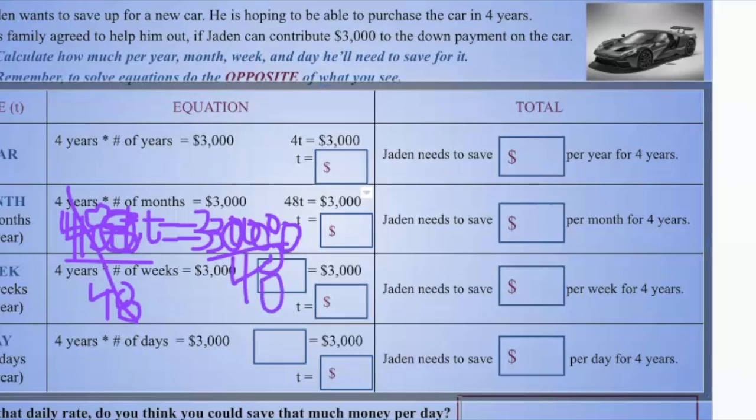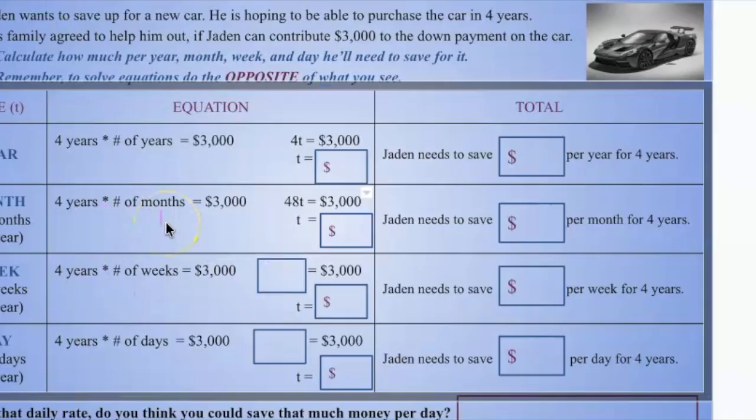Did you do it? Don't wait for me. I need you to do it in your calculator. I got an answer in my calculator of 62.5. I'm not sure what that is. Unless we're doing dollars and cents, we don't want to end it in a 0.5. It needs to be 0.50.